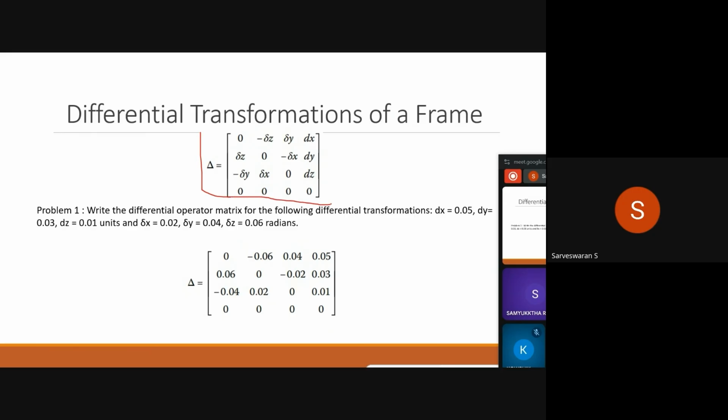This is the final differential operator matrix which will be used for solving the problems. I think in the last class I told one student also, we have to combine all these things. The solving ones we will see directly in the offline classes. Most of the topics we will be covering online.